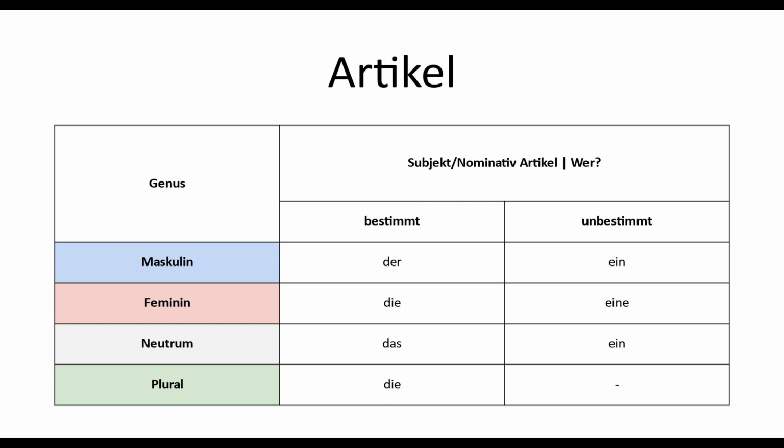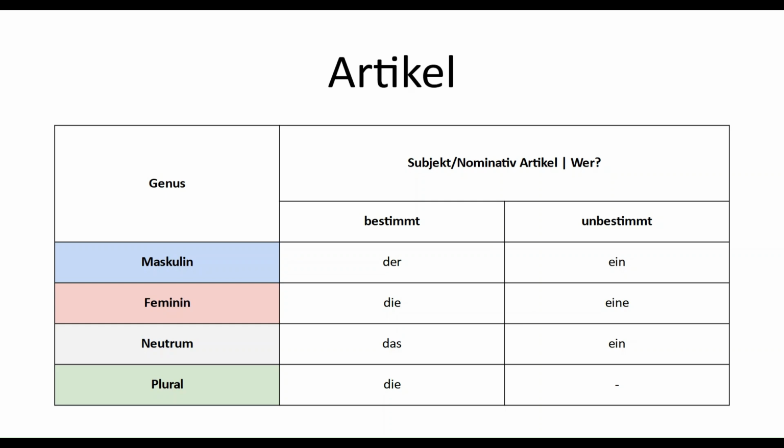While learning German, we will always go ahead with der, die, and das, and not ein, eine, ein. Please note that there is no plural form for unbestimmt. There is no einer, there is no ein. This will be the base of learning articles, and later on when we move on to different concepts, it will build on this.